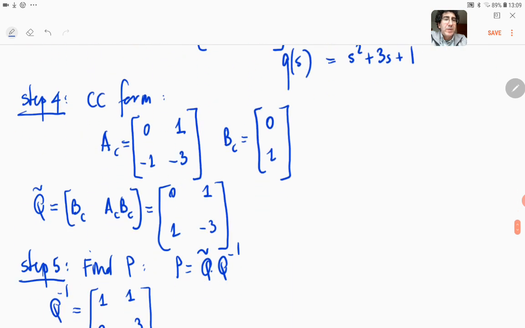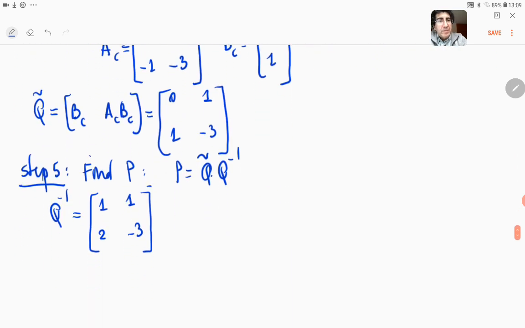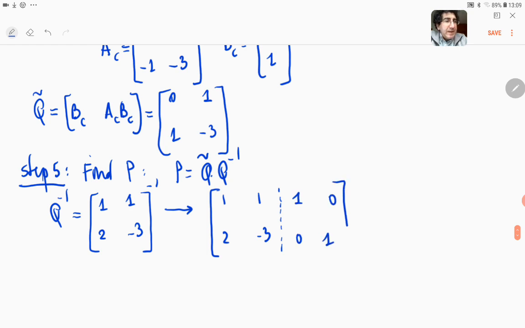In order to do that, I will augment this matrix, 1, 1, 2, minus 3, by an identity matrix, 1, 0, 0, 1.